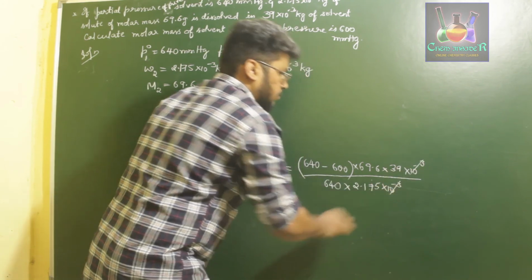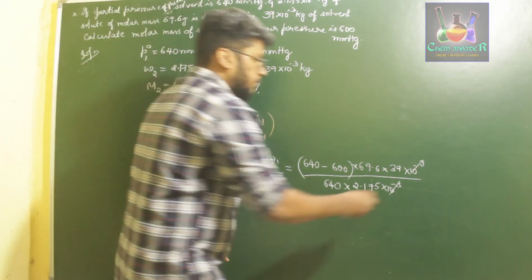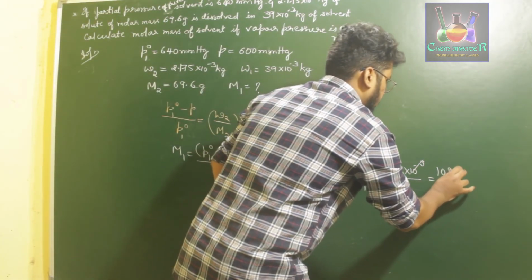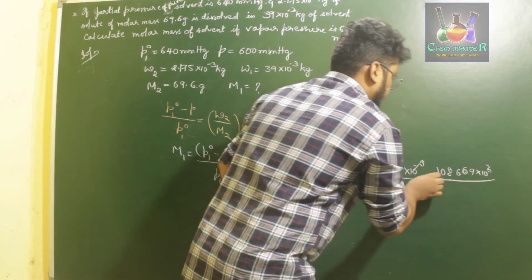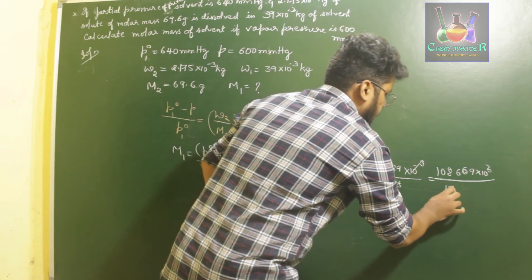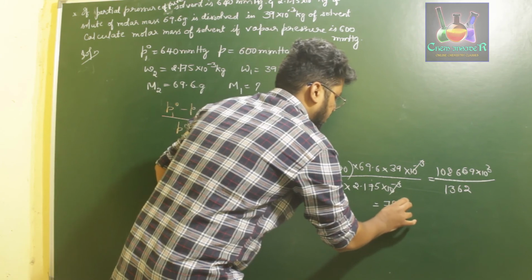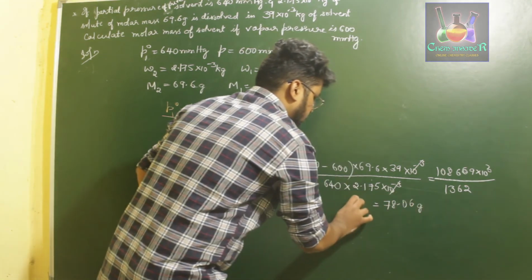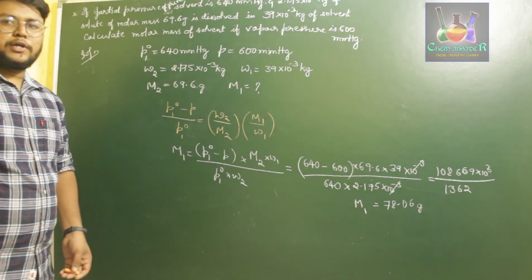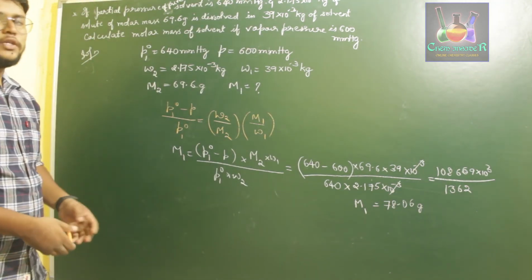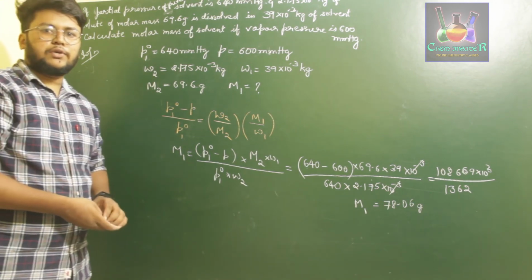The 10 power minus 3 terms get cancelled. On calculating the leftover terms we get 108,669 into 10 power 3 divided by 1362, which on division gives 78.06 grams. So the molar mass of the solvent M1 is 78.06 grams.